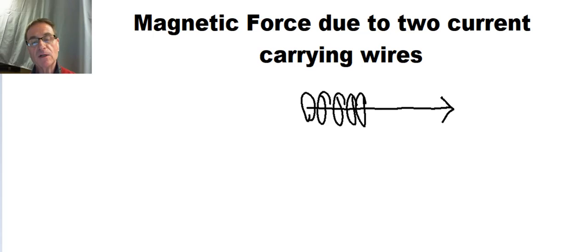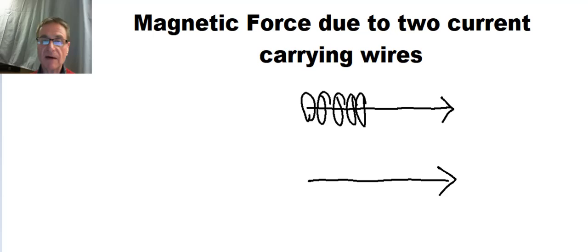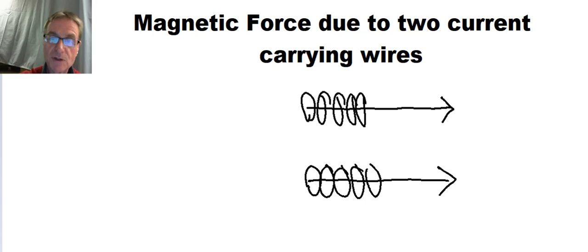And if I have a second wire like this, I'm also going to have a magnetic field around that wire, and these two magnetic fields are going to interact. Whenever magnetic fields interact, there can be an attraction or a repulsion, and that's what we're going to look at today.